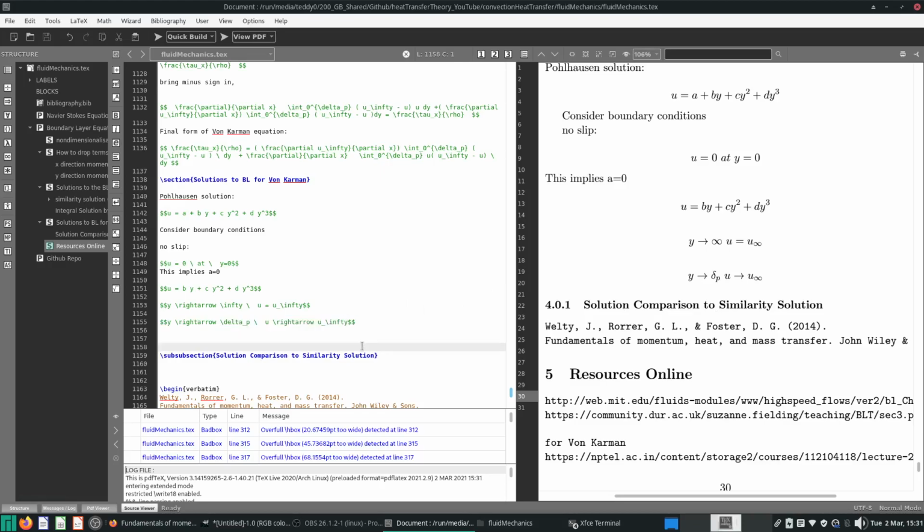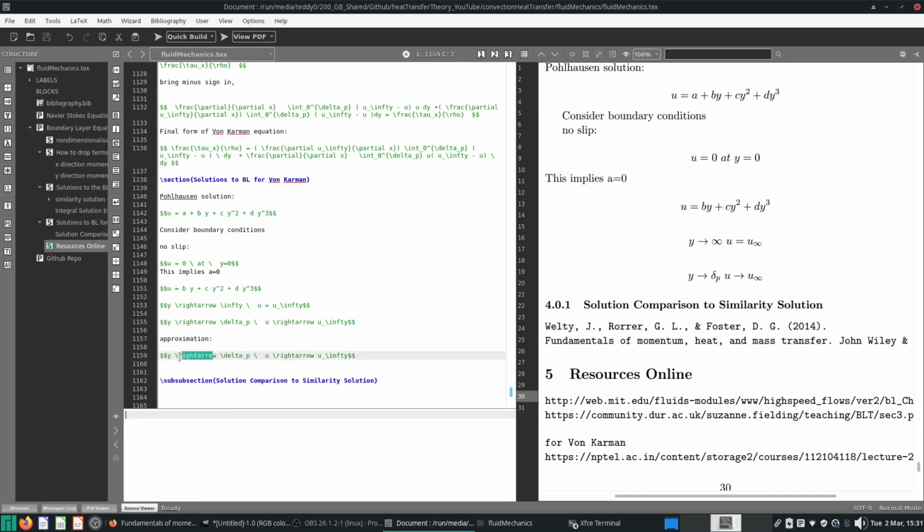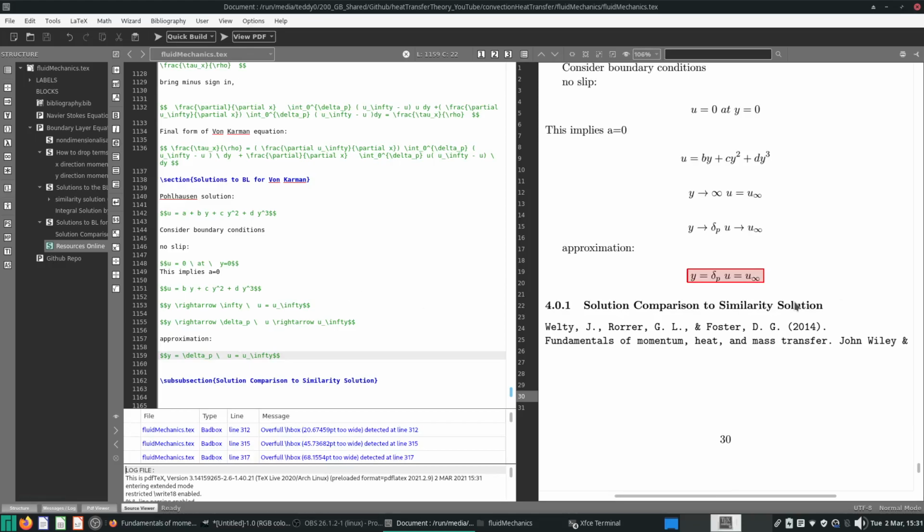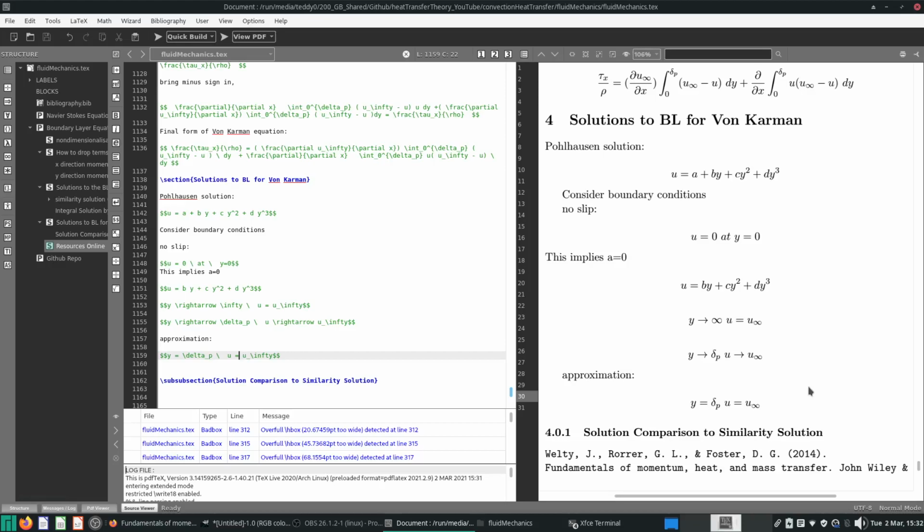When y equals delta p, the momentum boundary layer thickness, u is u infinity. Of course, you can make it such that at delta p, u equals 0.99 u infinity. You can absolutely substitute that in as well. It will work well. It will just change your B, C, and D numbers a little bit.